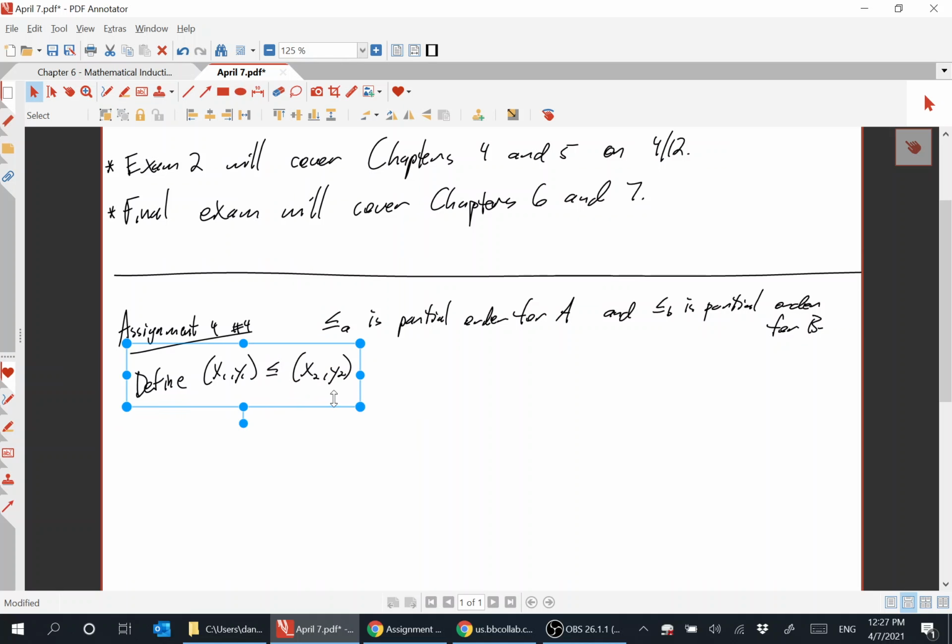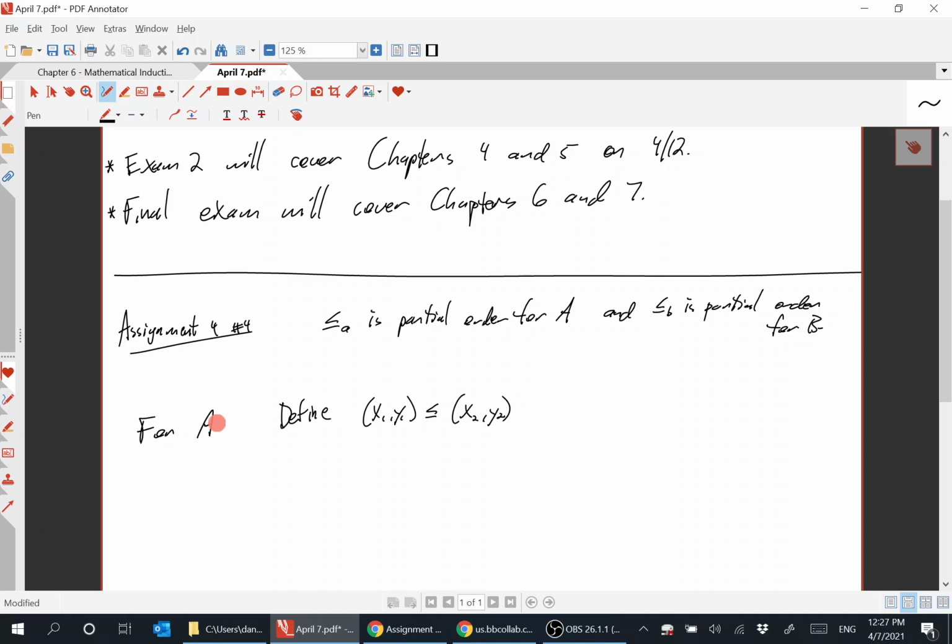Okay, so now we're going to define a partial order, a relation on A cross B. Define (x1, y1) less than (x2, y2) when either x1 is less than x2, or x1 equals x2 and y1 is less than or equal to y2 in the partially ordered set B. So there's two possibilities, right?